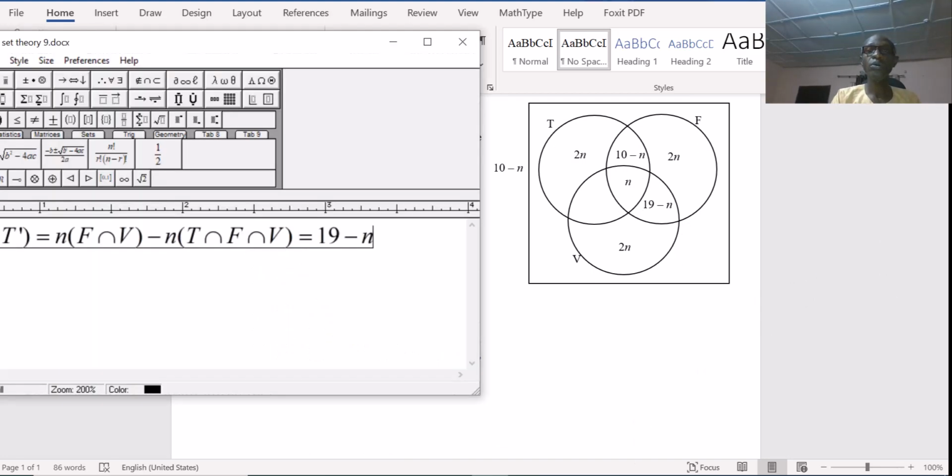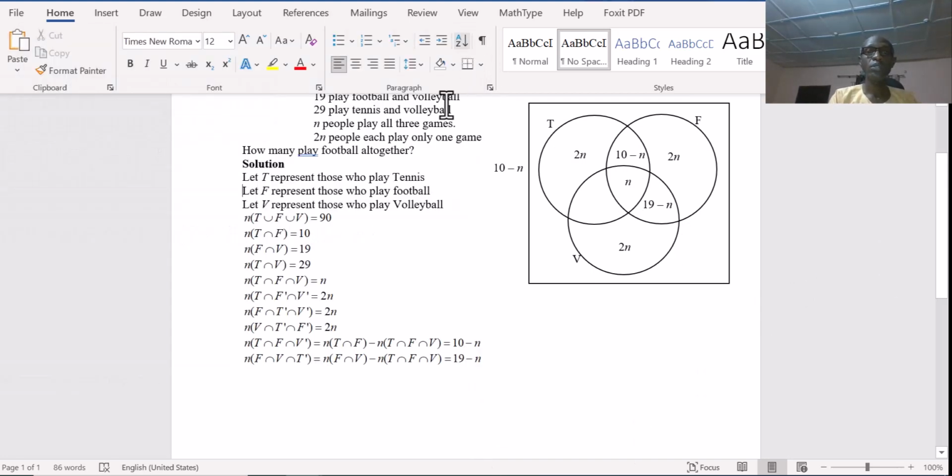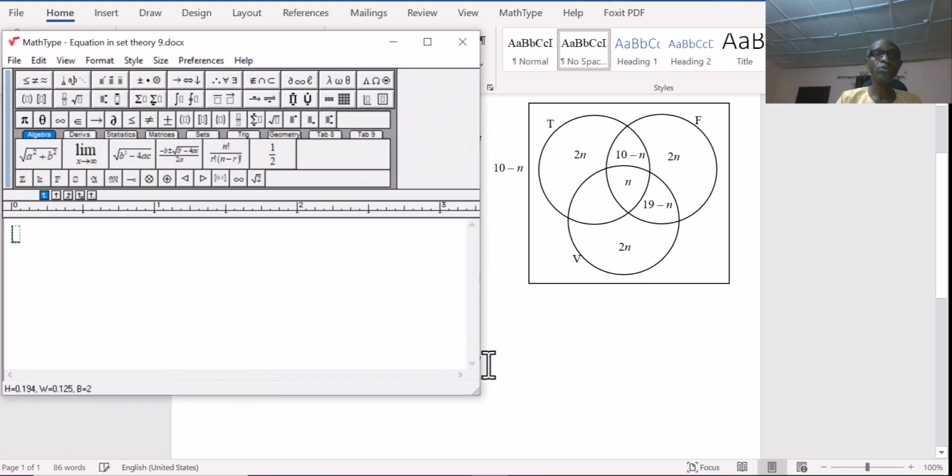So now the next one is tennis and football. Those who are playing tennis and football is 29. 29 people. Now we only want those who are playing tennis and volleyball and not football. So we can get that out. So tennis and volleyball are not football. This complement is equals to.